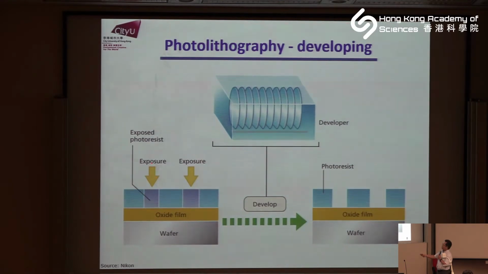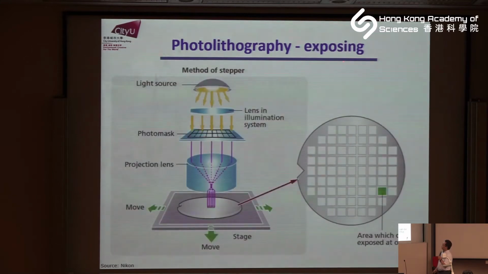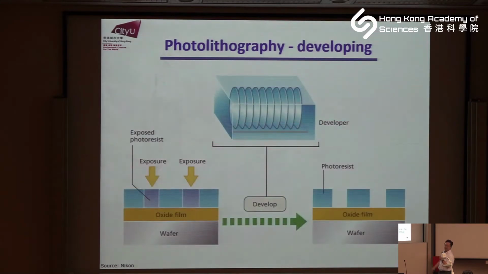After the UV radiation exposes this region, we can use a chemical method to wash away this region in the development step. So in photolithography, the first step is to expose the pattern, and the second step is to wash away the unwanted pattern. After this, we create a pattern of photoresist on top of my active materials. You can think of this as on the order of 10 nanometers.